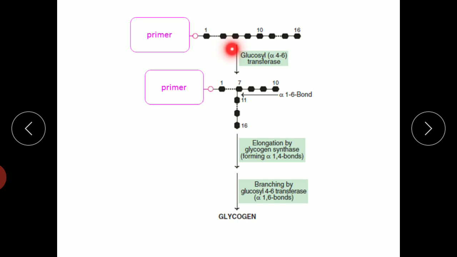It can be transferred to a part of the same molecule, or to a second molecule. So it breaks the alpha 1,4 bond and it newly forms alpha 1,6 bond. The 1,4 bond is removed from here and the 1,6 bond forms here. And this reaction is catalyzed by glucosyl alpha 4,6 transferase.